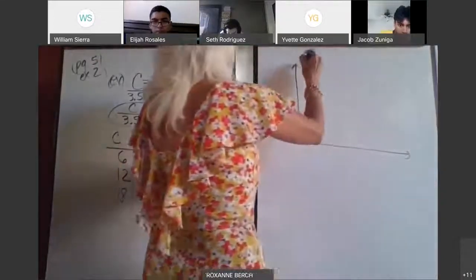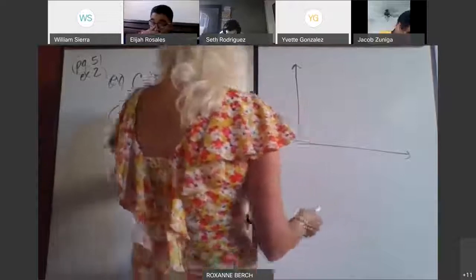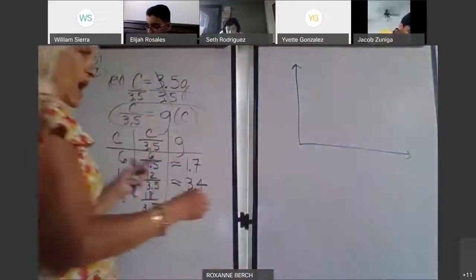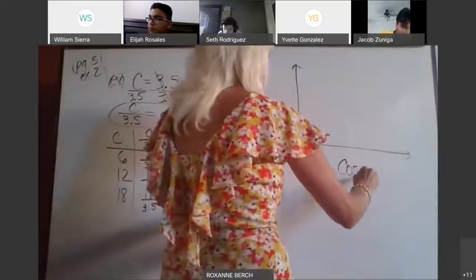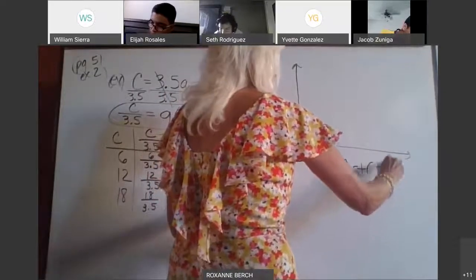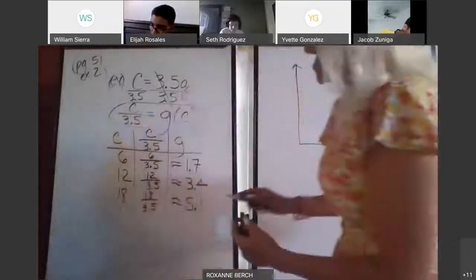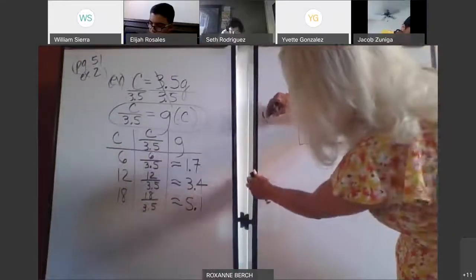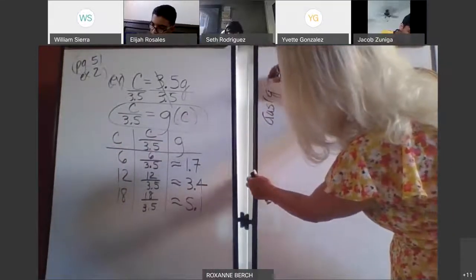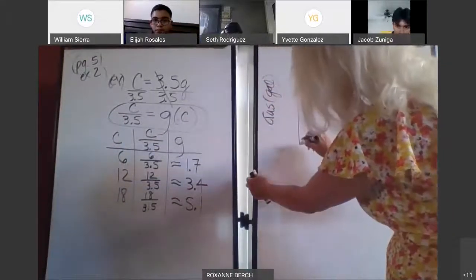Okay. So over here, when I do my graph, I'm going to make my X the cost, and I'm going to make my Y the gas in gallons. This is 0.